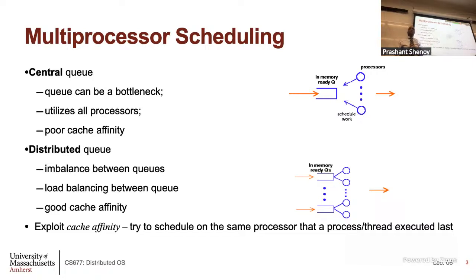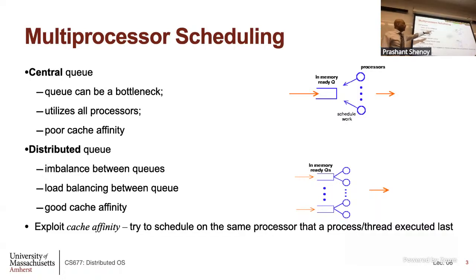As the number of processors grows, you will start contending for the queue, and you may be blocked waiting for a lock on the queue, and the processor is just sitting there idling, waiting to take a turn to get something off the queue. So that's the problem. Of course, the number of threads can grow, but that by itself is not going to be the main issue here. So that's a disadvantage.